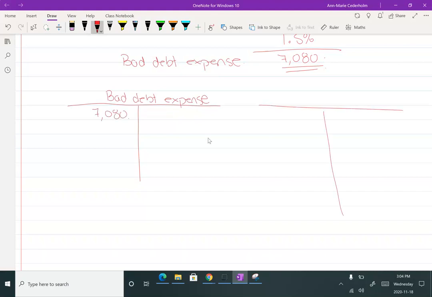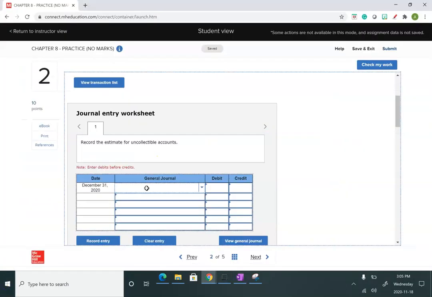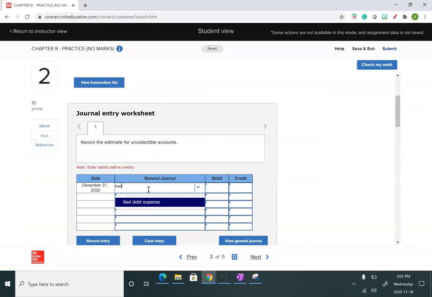And if we're doing our allowance for doubtful accounts, then obviously the credit would be into that account. So under the income statement approach, we're always debiting bad debt expense and crediting allowance for doubtful accounts. So I'll go ahead and make my journal entry. So bad debt expense was the $7,080 that I calculated. And then the allowance for doubtful accounts, which is $7,080.